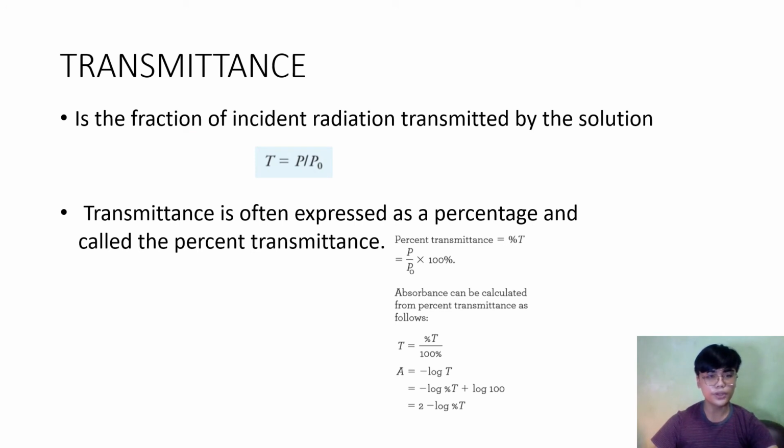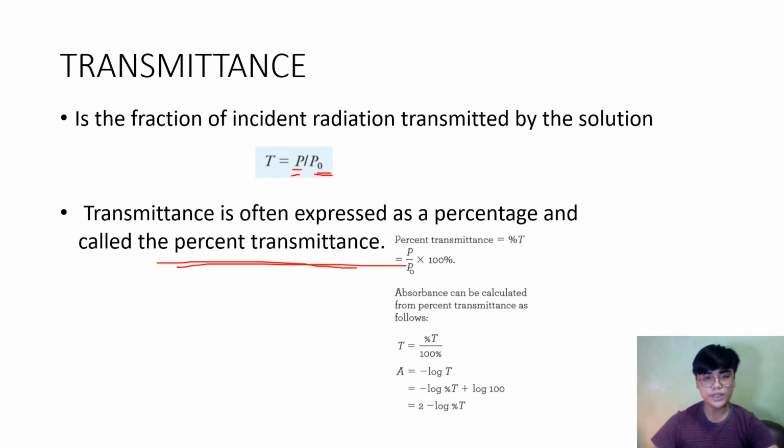Transmittance is the fraction of incident radiation transmitted by the solution. It has this equation: transmittance is equal to light leaving the sample over light entering the sample. Transmittance is often expressed as a percentage and called the percent transmittance.